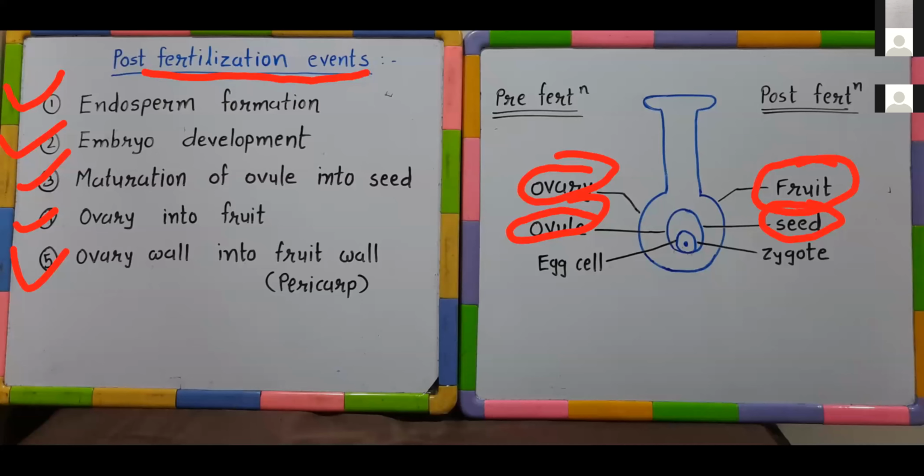These are the post-fertilization events. There are 5 major events that take place immediately or gradually after the fertilization process. Which are the first ones? First, what shall happen? Yes, endosperm formation is the first such event.